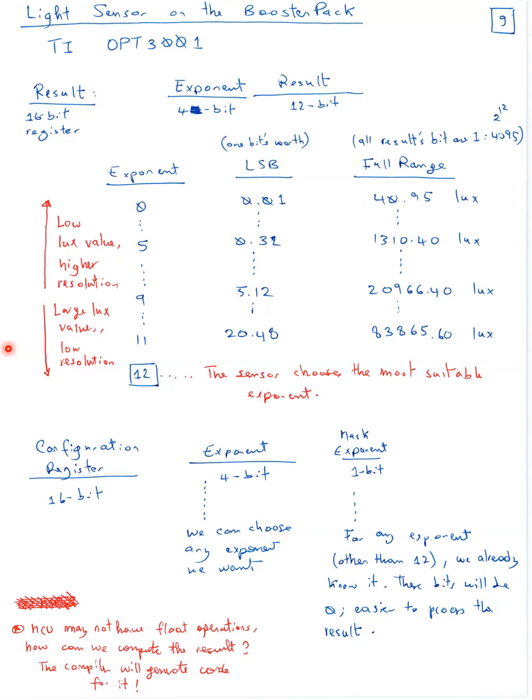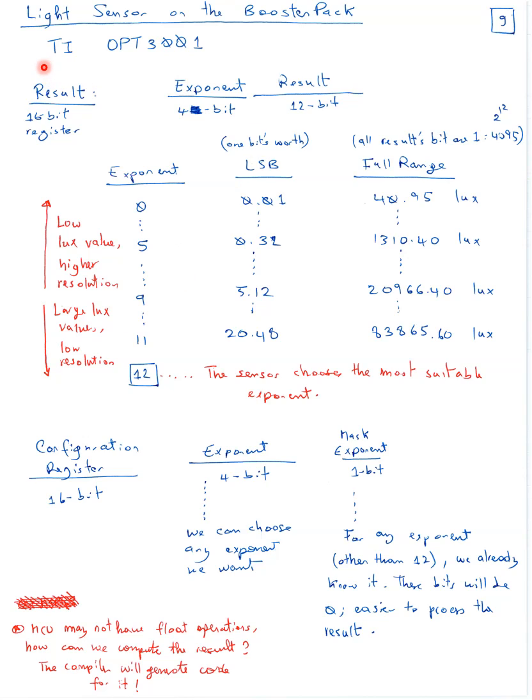Next, we're gonna look at the light sensor. This light sensor is the one in the lab 9, and we communicate with this guy via I2C. So we're gonna see how this sensor gives back the results.